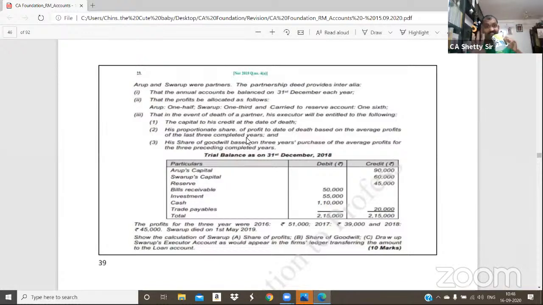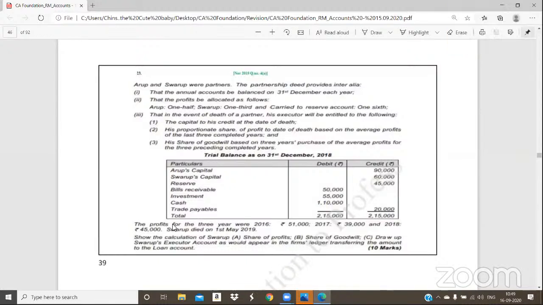Total profit of last 3 complete years: 51,000 plus 39,000 plus 45,000 is 1,35,000.